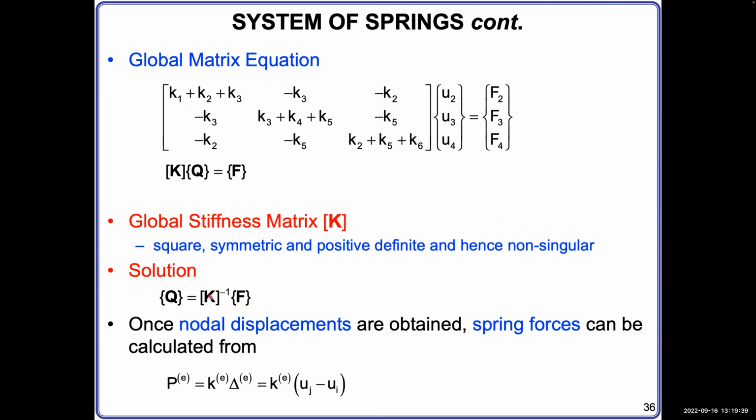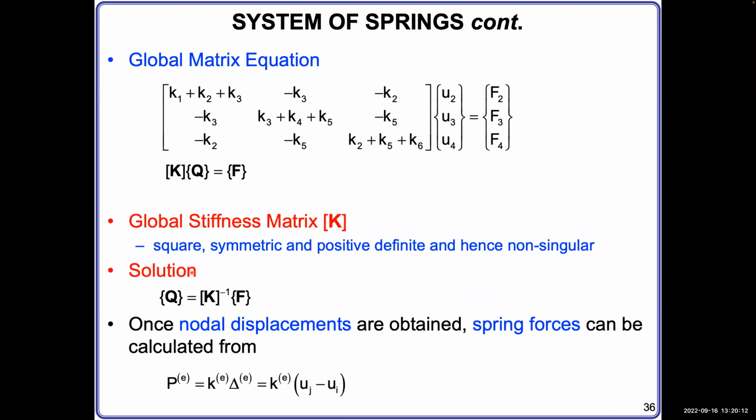We multiply K inverse on the left-hand side and get the identity matrix; identity matrix times Q equals Q. On the right-hand side we have K inverse times F. So overall, Q equals K inverse times F. This is very straightforward, a very nice way to solve the equation.